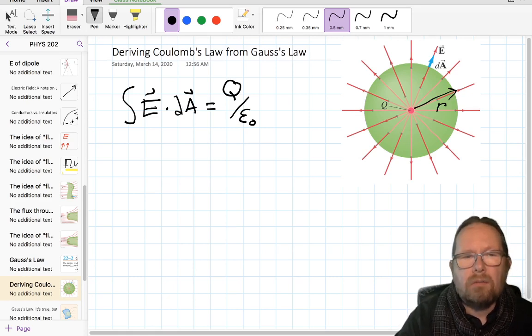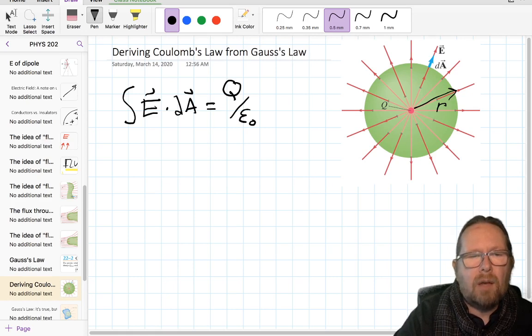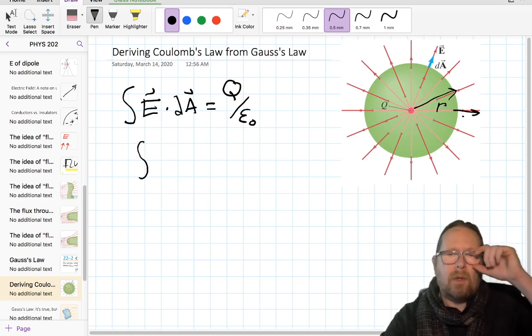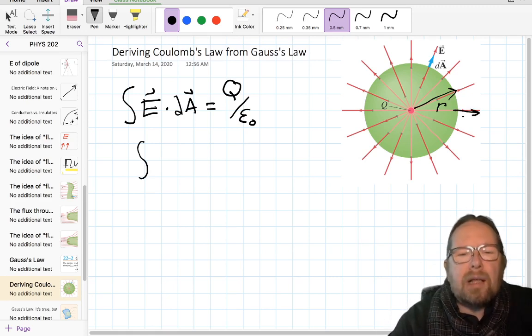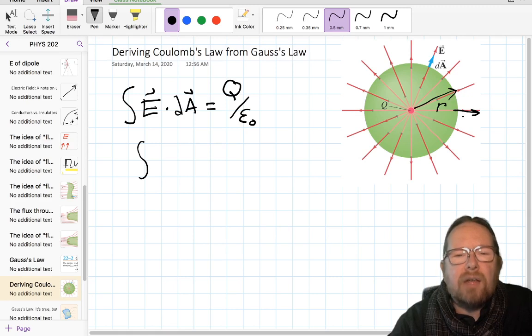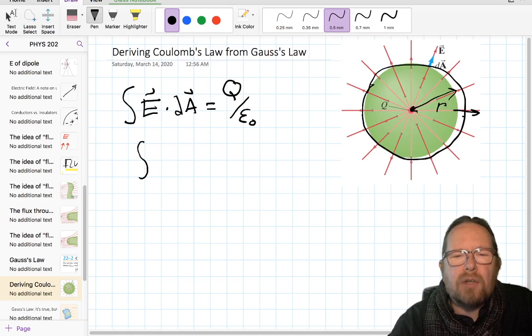What do we know? Nothing yet about the electric field, but we know something about the relationship between the electric field and the area. One, we know that the electric field is constant everywhere on this sphere. How do we know that? Because the symmetry of the situation dictates that any way you look at this point charge at the origin, no matter where you put your vantage point out here, it looks the same.